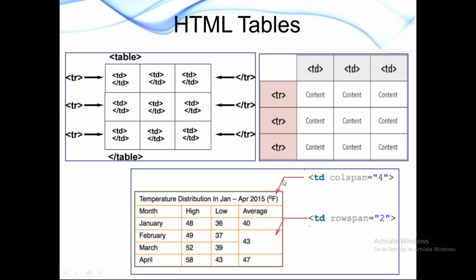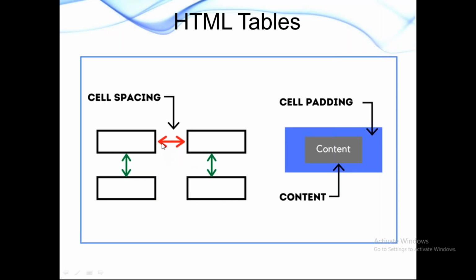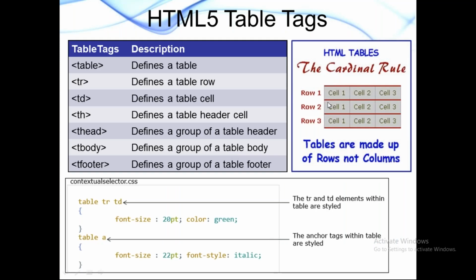Now you can specify the spacing between the cells, and then the padding for each and every cell. What I mean by a cell is an intersection of a row and a column. Now the important thing you need to remember is that when you are constructing a table, you will be thinking only in terms of rows, not columns.